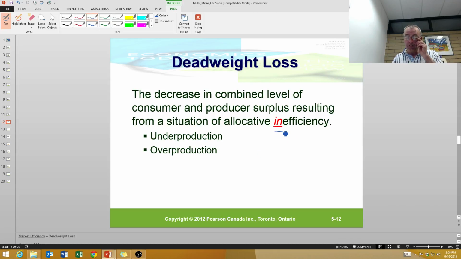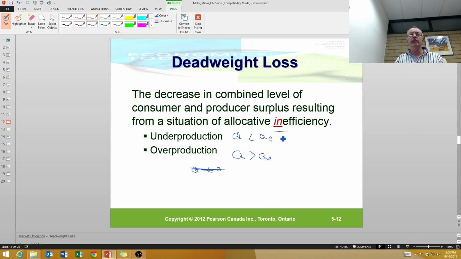Anyways, what is deadweight loss? It's the reduced level of consumer and producer surplus due to the quantity of output being at a non-allocatively efficient level. So it's due to the quantity being either less than the equilibrium quantity, so it's underproduction, or where the quantity of output is greater than equilibrium quantity.